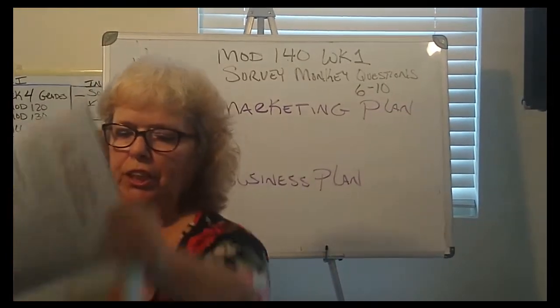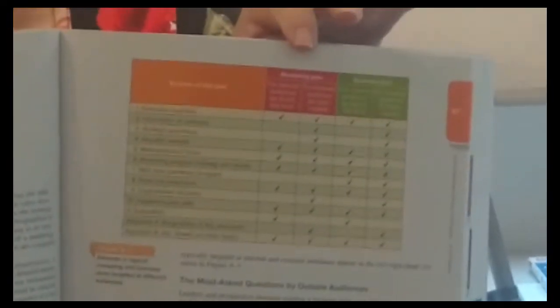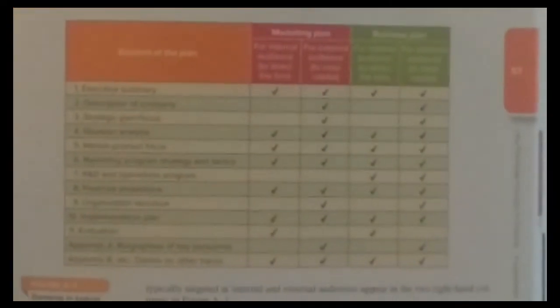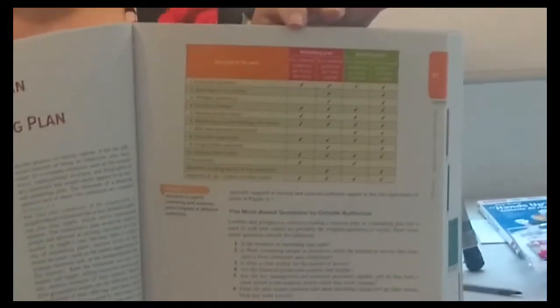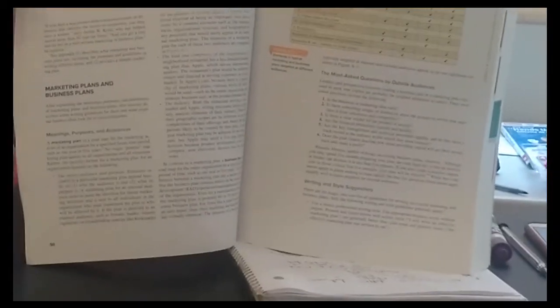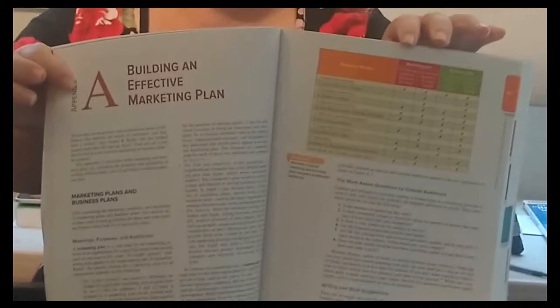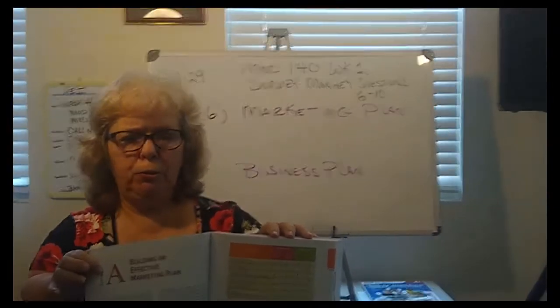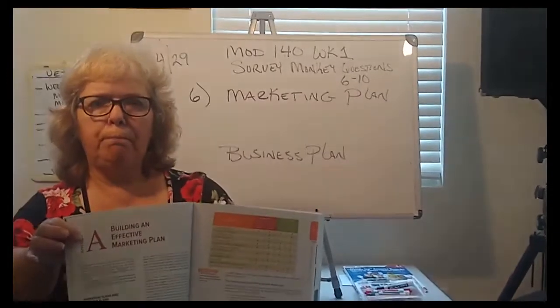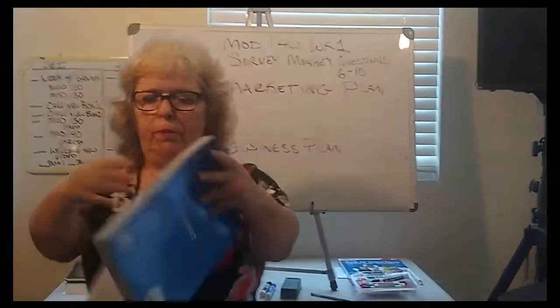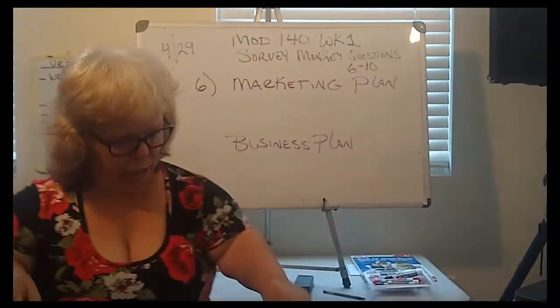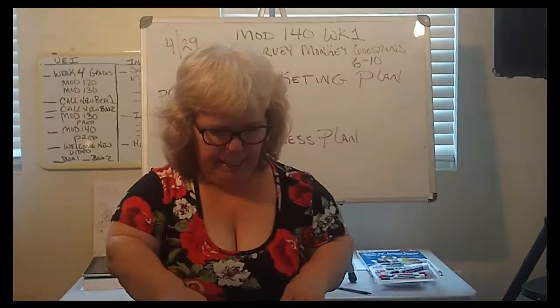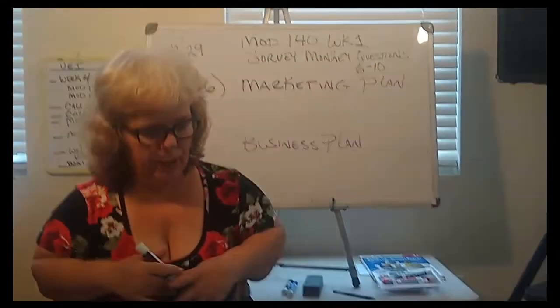And there's a section here, an appendix A, that talks about building an effective business or marketing plan. So make sure that you read this as well. Even though it's not in the chapter itself, it's actually in between the chapters, but please do read. I believe it's between chapter 2 and 3. Okay? All right, so let's go to page 56, and it talks about both.